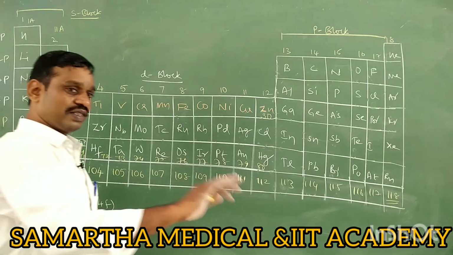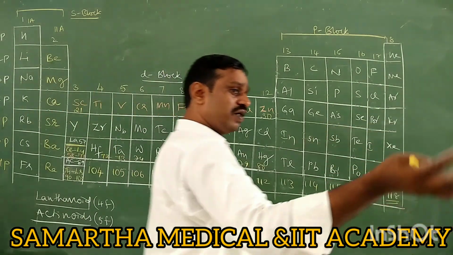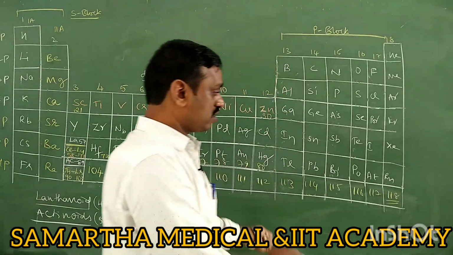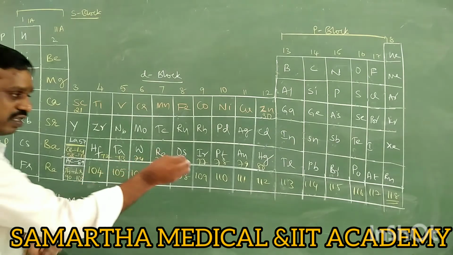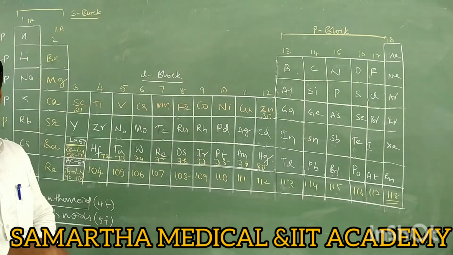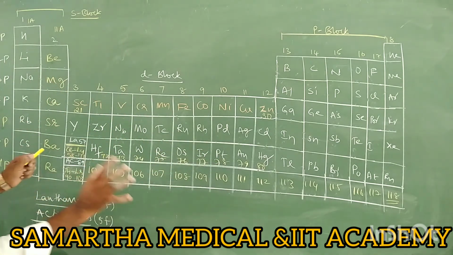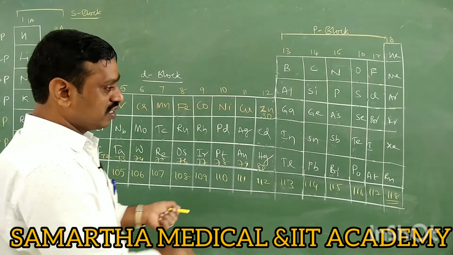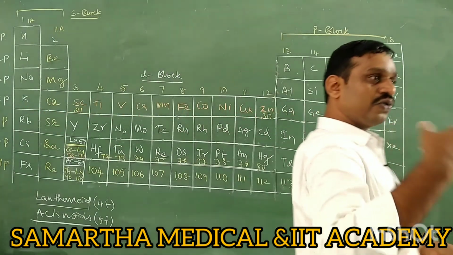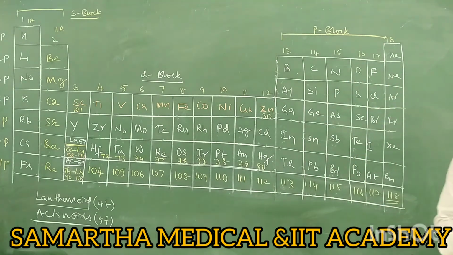I told you that there are some more synthetic elements prepared. For those elements, they have not been fixed in this periodic table. This periodic table can accommodate only these many elements. If you want to fix those elements, you have to create another periodic table.